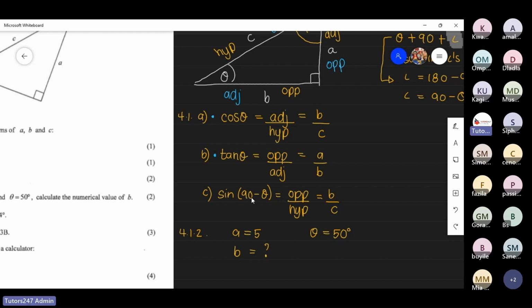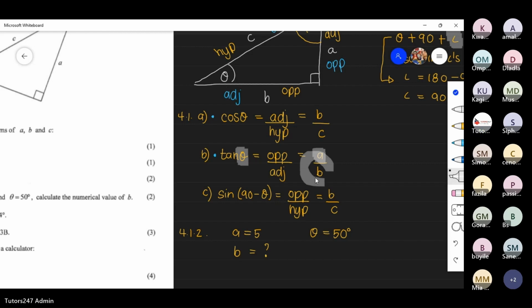So if we look at tan theta equals A over B. We were told that theta is 50 degrees, so we have that value. We were told that A is 5, so we have that value. The only unknown is B. So we can now use tan theta equals A over B to solve for this particular question.